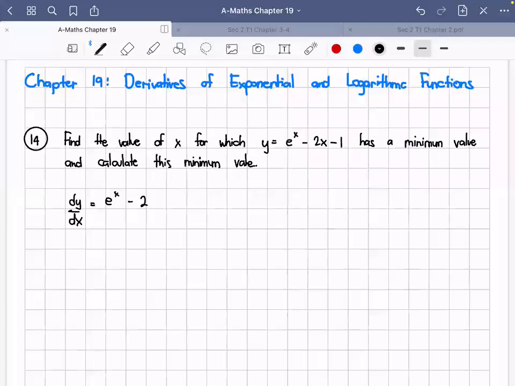Okay. So again, for this minimum point, we need to set the derivative equal to 0, and then solve for x here.